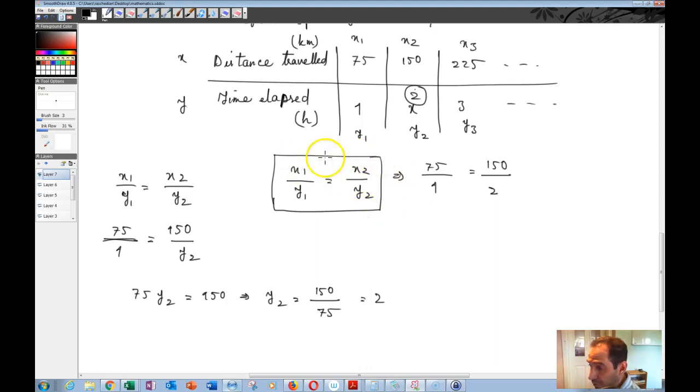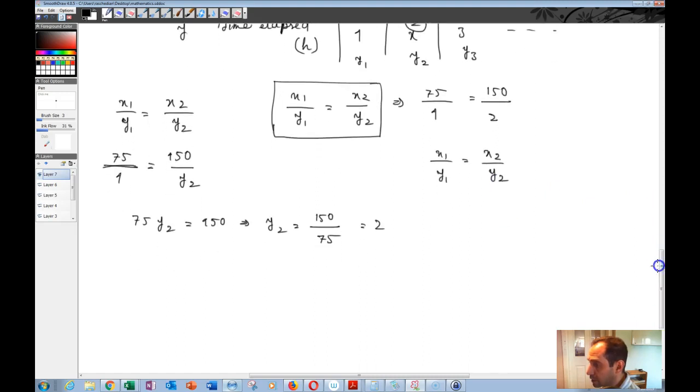Moreover, you can express it in a different way as well, meaning that you can write this as x1 to y1 is the same thing as x2 to y2. Sometimes it's expressed differently.